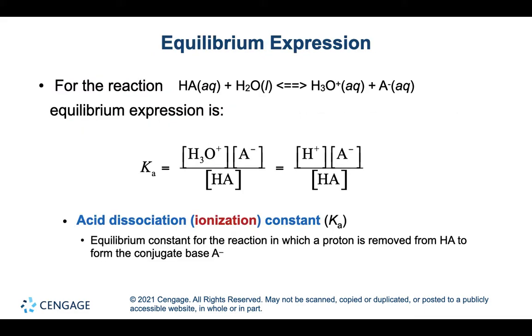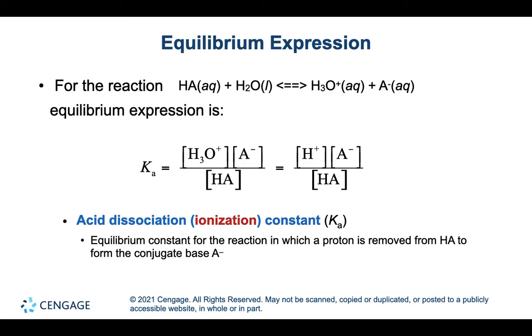So back to our generic reaction, HA plus water, double arrow showing equilibrium, H3O plus plus A minus formed. The Ka for this, we'll call it the Ka because A for acid. This would be the acid dissociation constant according to the book.